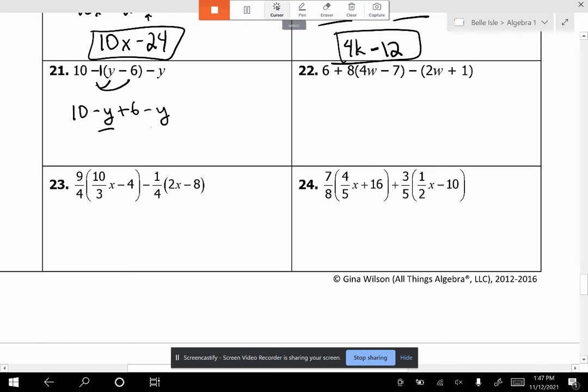I have 1 and I have 1. That makes... You're making this too complicated. We're adding them together, right? There we go, -2y plus 16. That's what I said. I said Caleb got it. It's on the recording.